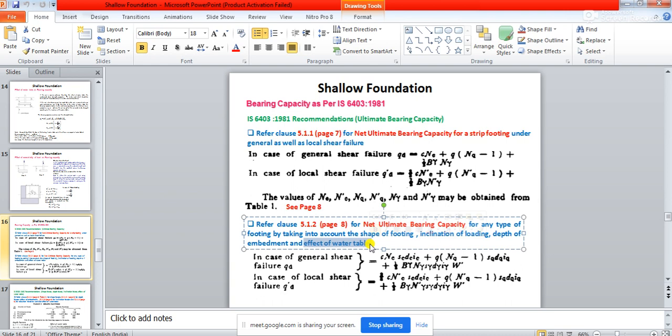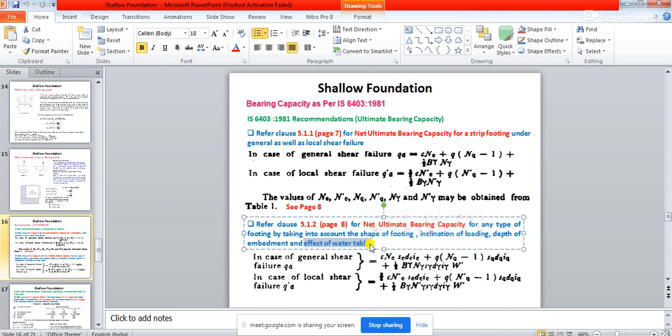The Indian Standard Code has done exactly the same. Post Terzaghi, different scientists and soil mechanics researchers have given different formulas. Considering that, the Indian Standard Code has adopted the formula given by Meyerhof.